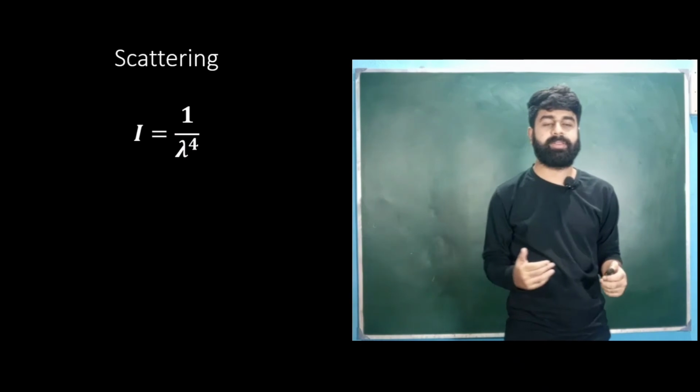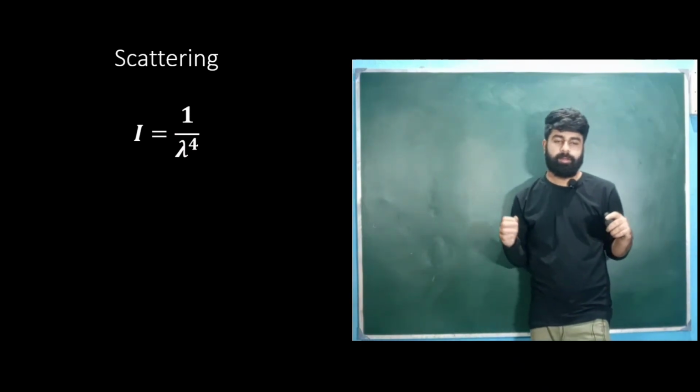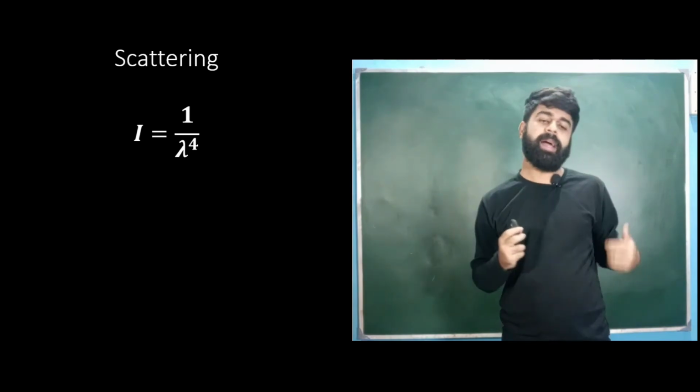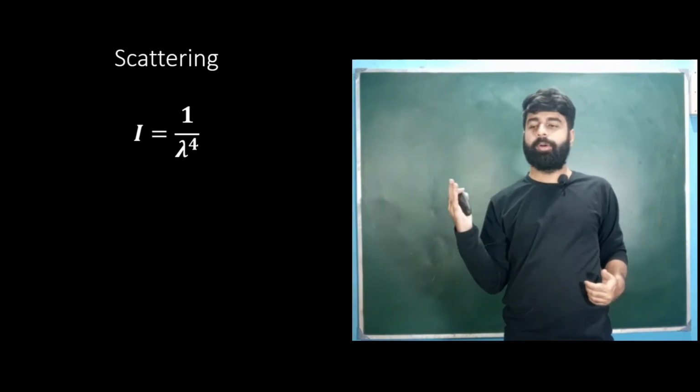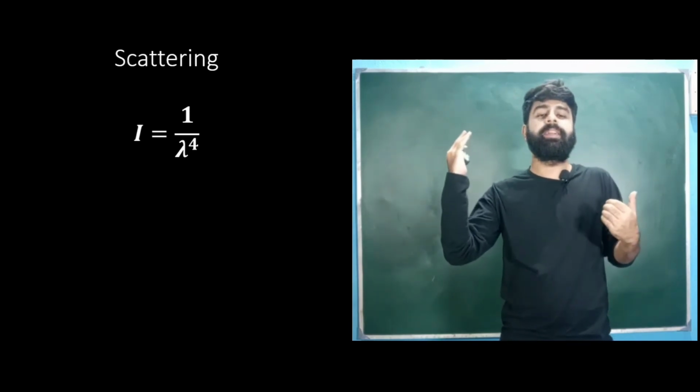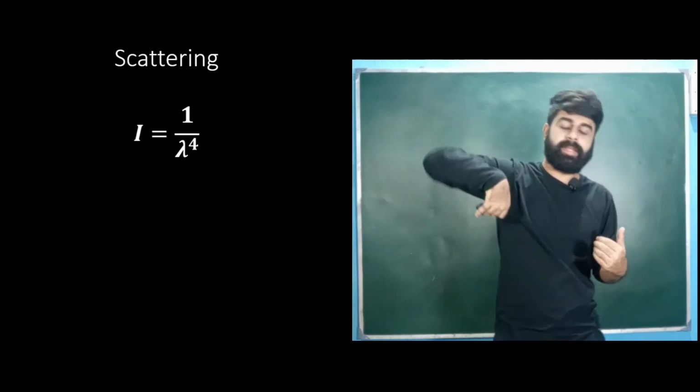In simple words, I equals 1 by lambda to the power 4. So if lambda is decreasing, I, the scattered light, will be increasing. If lambda is increasing, scattered light will be decreasing.